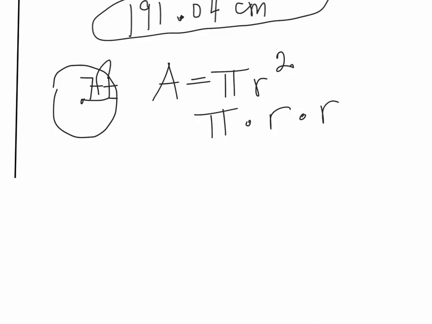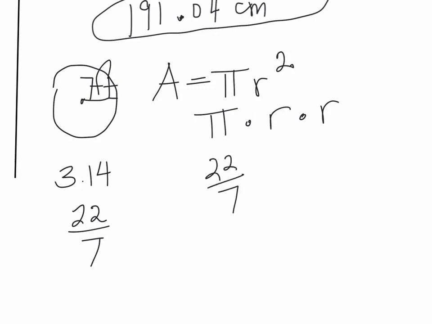Pi, again, is 3.14. But, like in this example, sometimes you can use 22/7 for pi, especially if the radius or the diameter were a multiple of 7. And 7 is a multiple of 7, so we're going to use 22/7 for pi times 7 times 7.